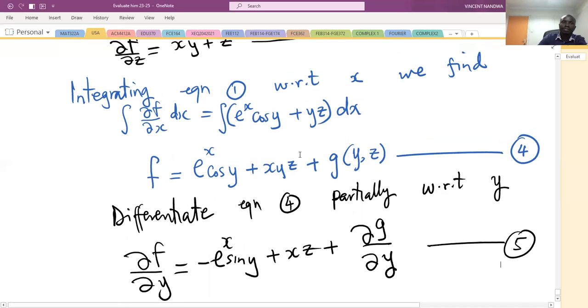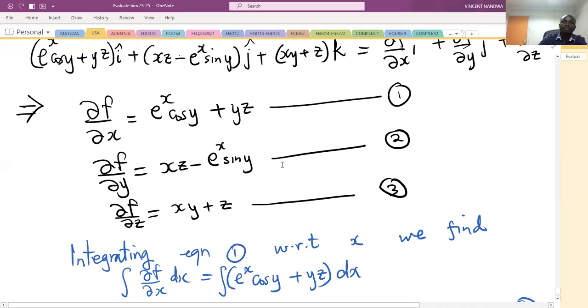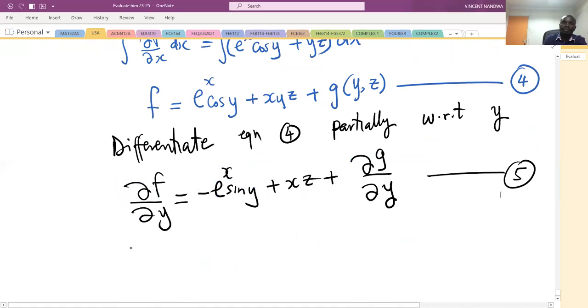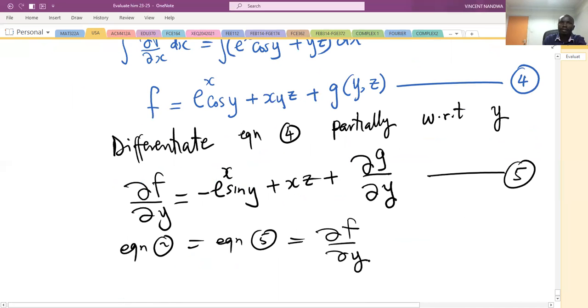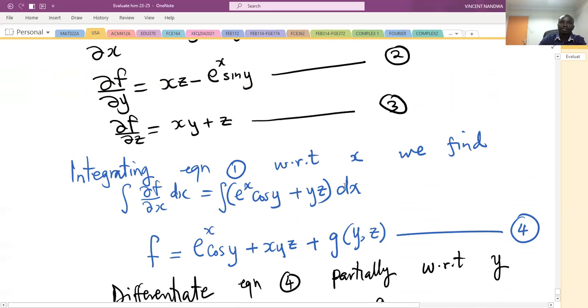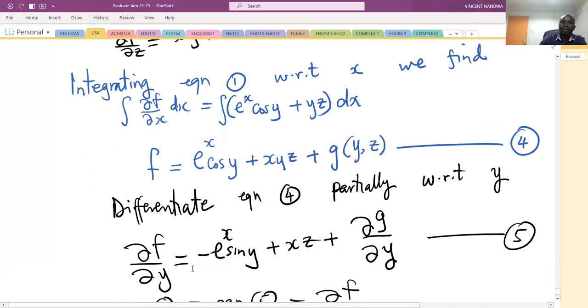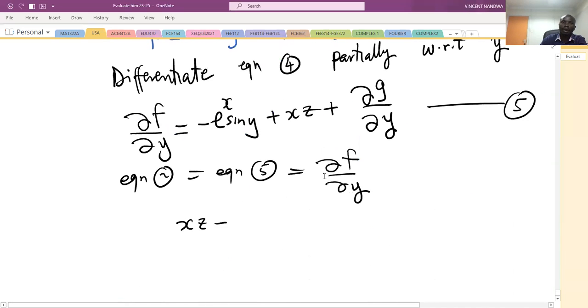Now equation 5 and equation 2 are the same. So equation 2 equals equation 5. All of them are defining partial f partial y. So that tells us that we can equate equation 2 and equation 5. So equation 2 is xz minus e raised power x sine y.